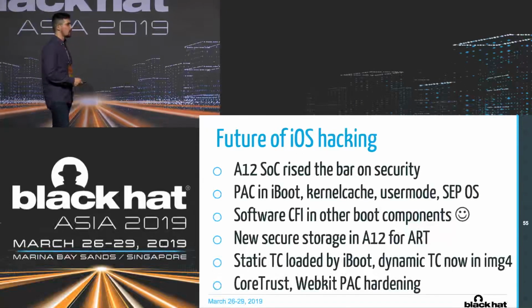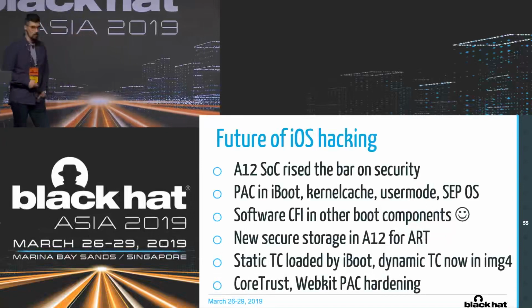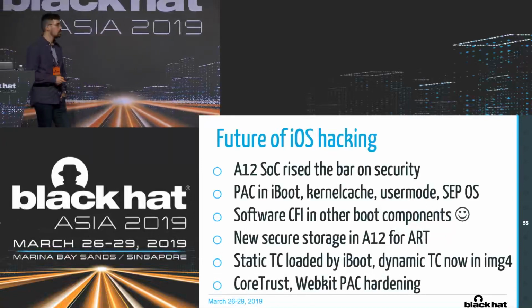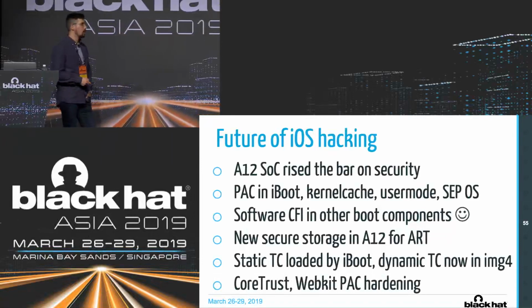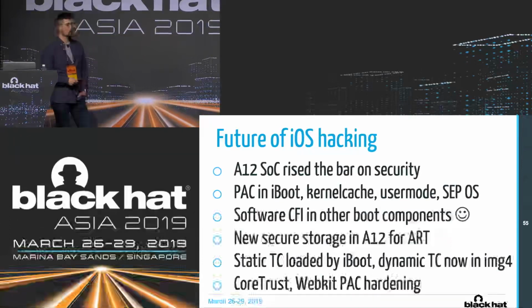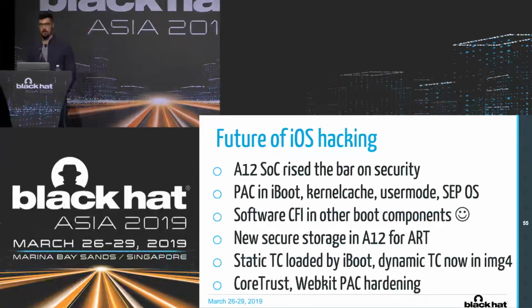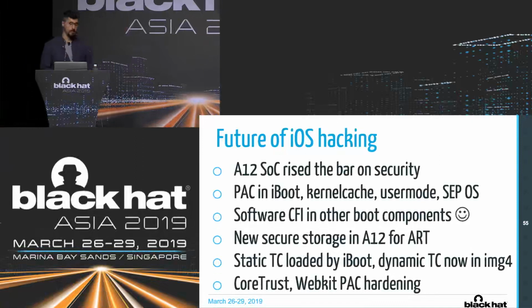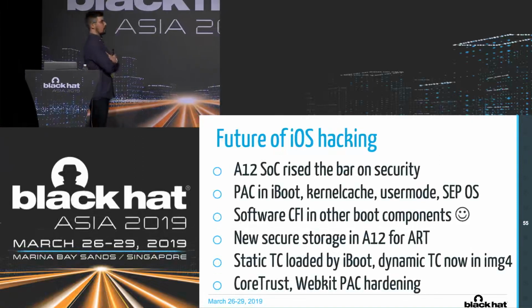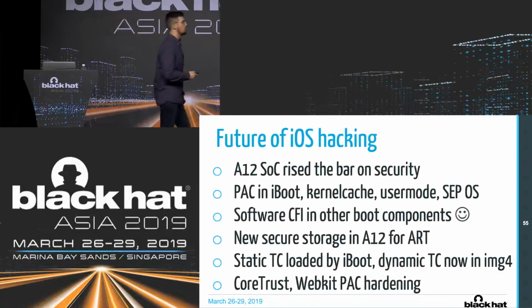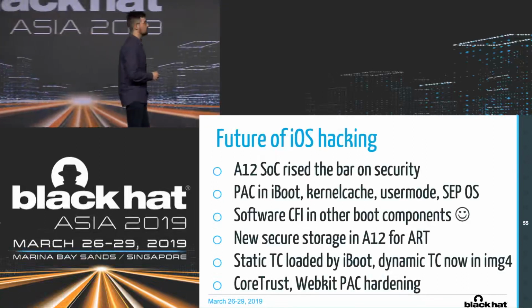The dynamic trust cache moved to the IMG4 container, so they completely dropped the IMG3 container types. They refactored how the kernel performs code signature checks by introducing CoreTrust. And finally, even in WebKit there is some hardening, including the use of pointer authentication codes. So yeah, A12 jailbreaking may be a tricky one now.